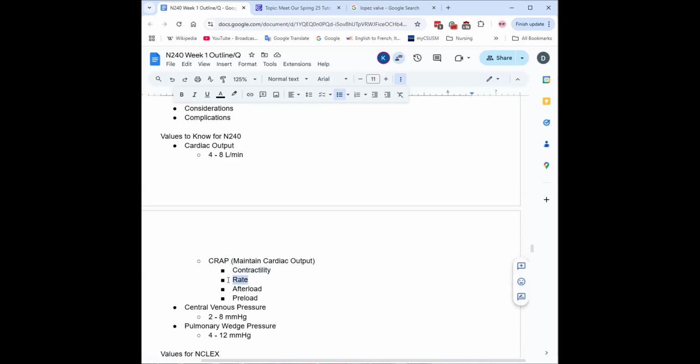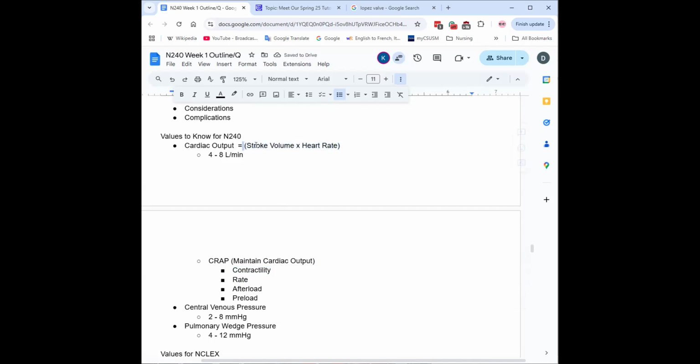The rate, if your heart is beating more, it's going to increase your cardiac output, because if you remember, your cardiac output is your stroke volume times your heart rate. So if this number goes up, cardiac output's going to go up. But it also has diminishing returns.